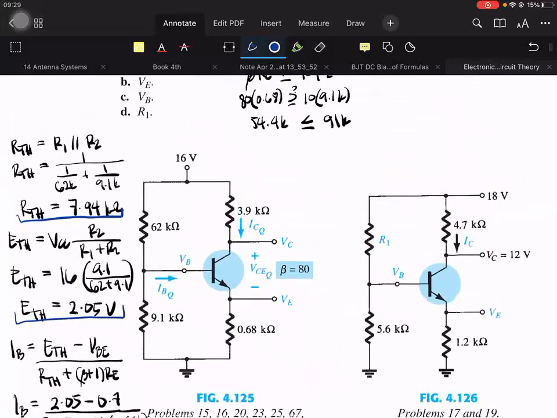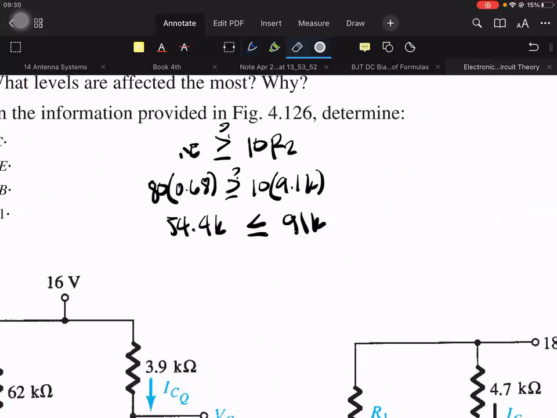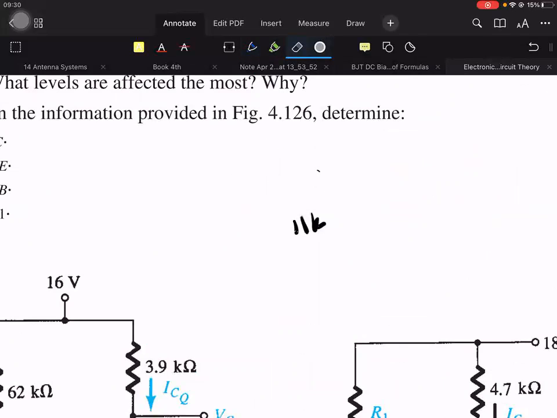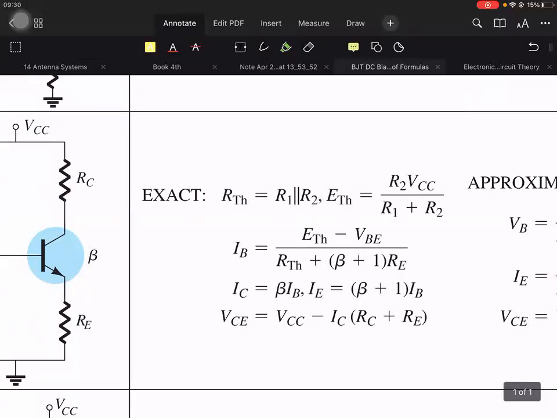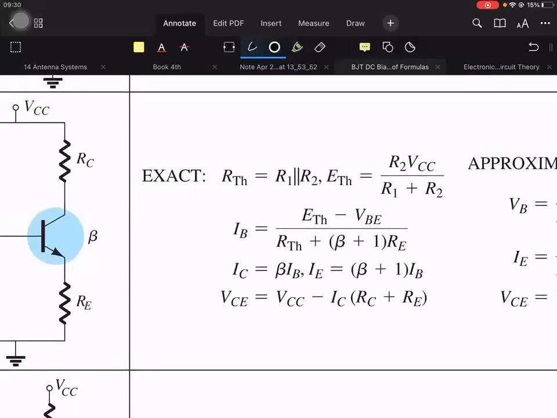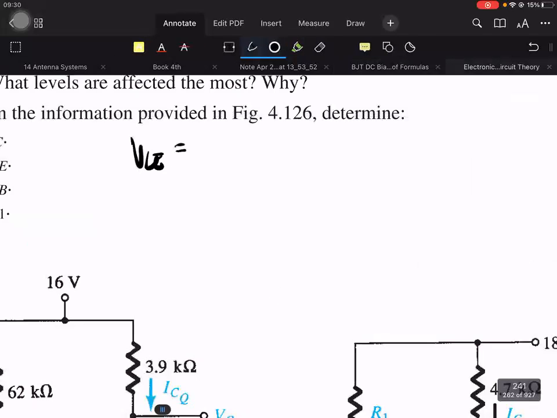For VCE, I think the formula is the same for voltage divider or emitter bias. So VCC minus IC times RC plus RE.